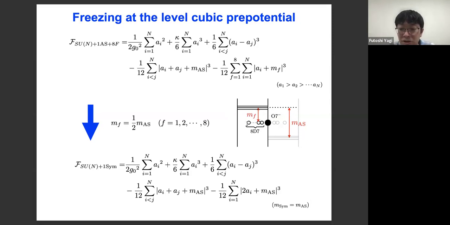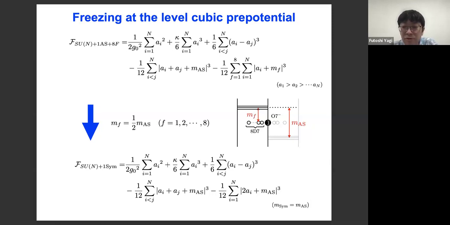The interpretation of the mass is that the mass of the fundamental flavor is the distance between the center of mass of the color branes and this D7 brane. And the mass of the antisymmetric tensor is the distance between the center of mass of the color branes and its mirror image, in some sense, double the distance between the O7 minus and the center of mass.